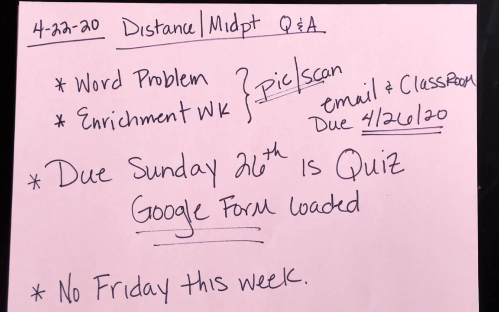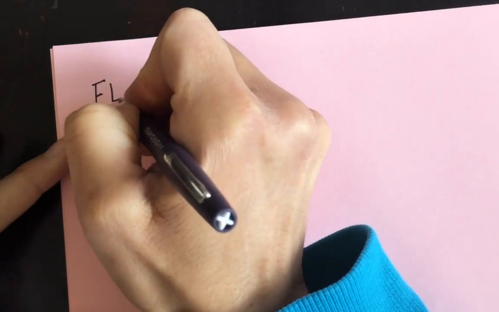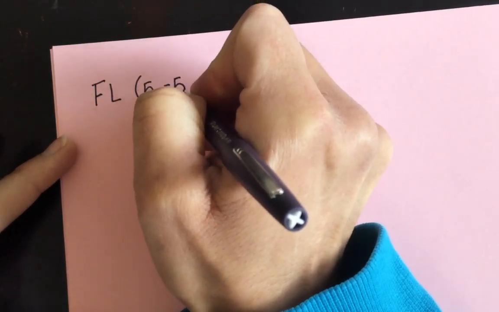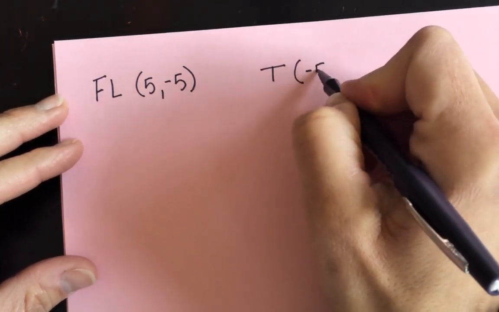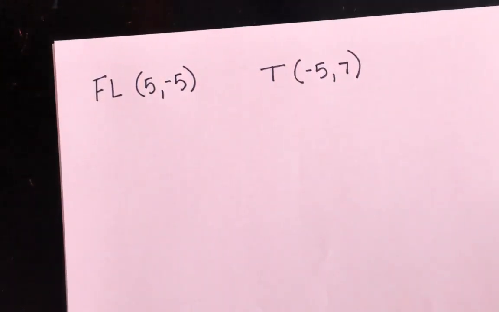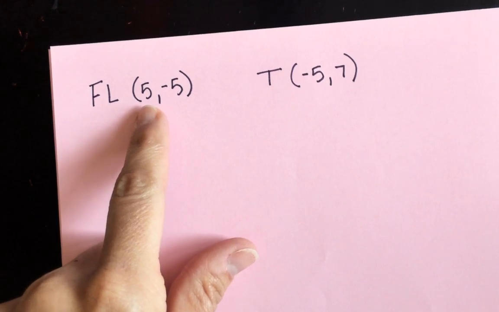So Fort Lauderdale is down here at (5, -5), and Tallahassee is up here at (-5, 7). It says, how many miles is it from Fort Lauderdale, the (5, -5), to Tallahassee? Round your answer to the nearest.